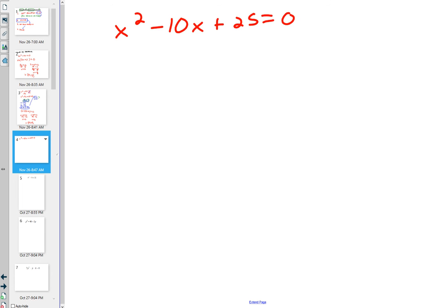Now what does step 2 say to do? Factor, which is what we did on Monday. Let's look at the side that has all the terms and decide if it can be factored.